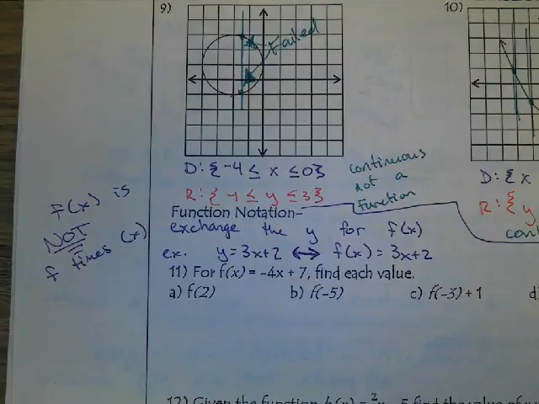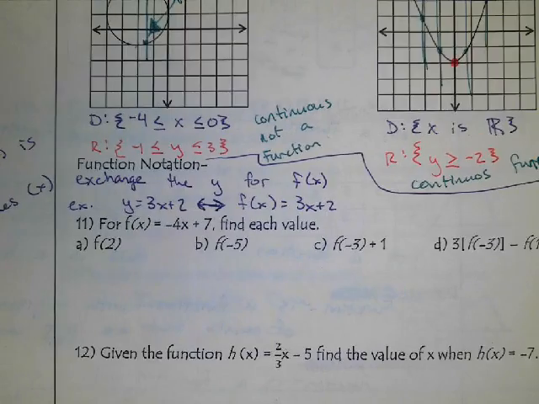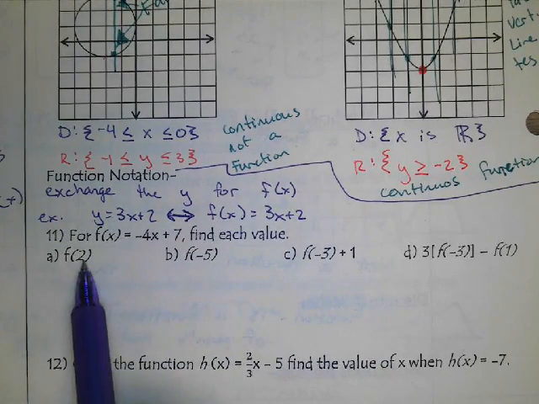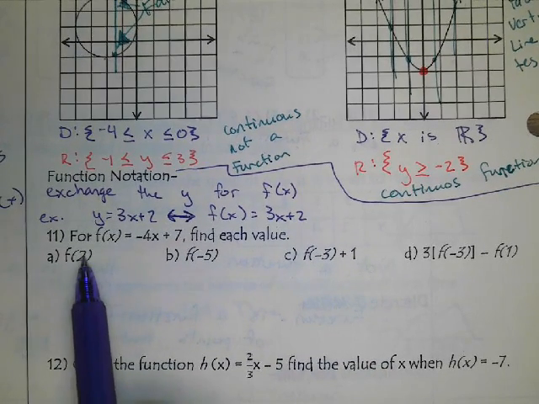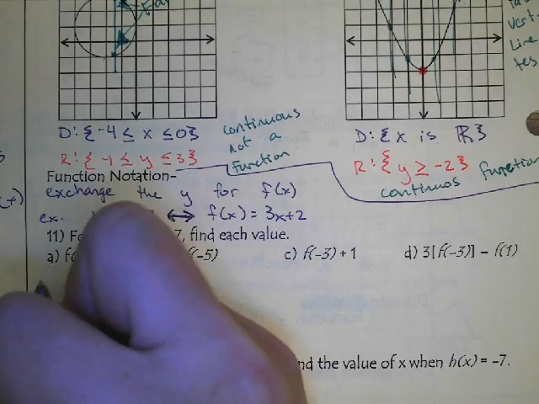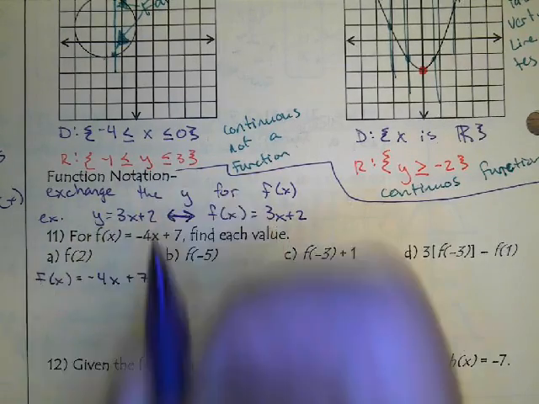But how does this function notation work? Well, what we do is we take the value that's right here, and we're just going to plug it in for x. So I'm given that f of x equals negative 4x plus 7.